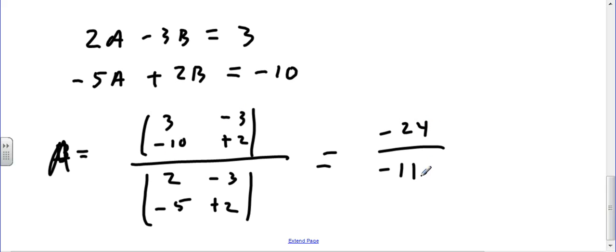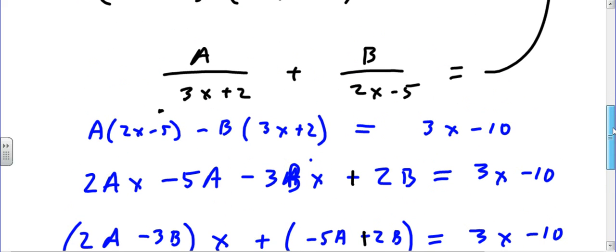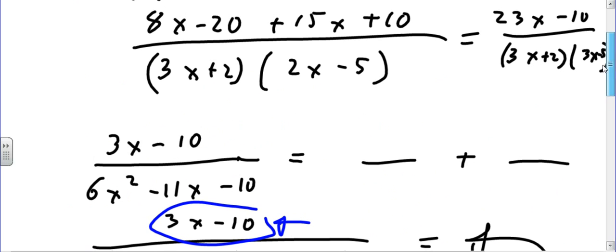I'm supposed to be getting an 8. 2 minus 5 minus 3, 2. 4 minus 15. Where's my next mistake? So I've got A times that guy. I have a 3 here. Why do I have a 3 there for? It's not a 3, is it?